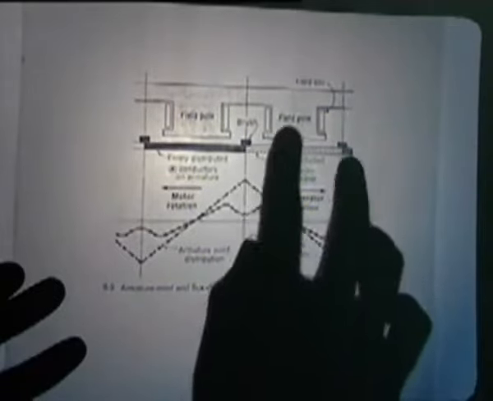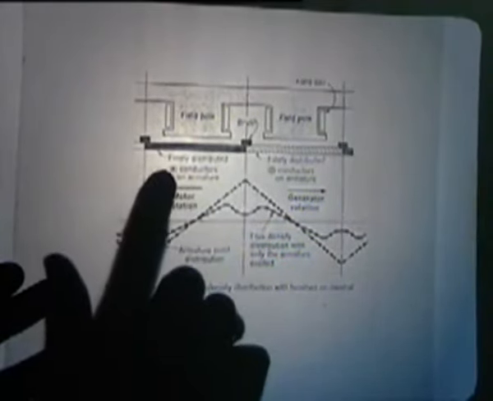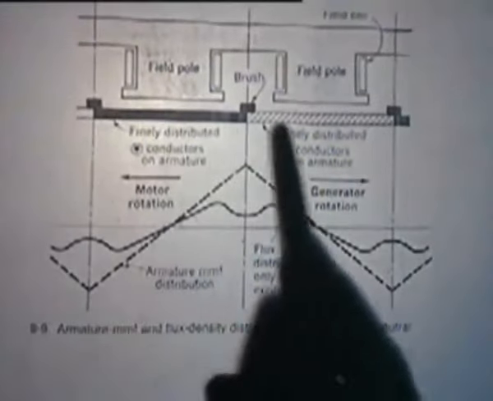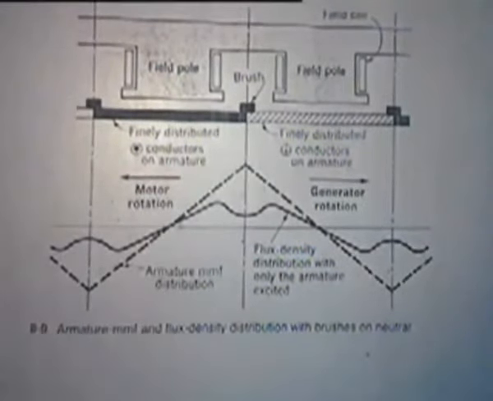That means the currents are going in under one pole, and coming out under the opposite pole. We have seen that typically it produces an MMF pattern which is triangular like this. So this is the triangular MMF pattern produced only by the armature current with no field current.